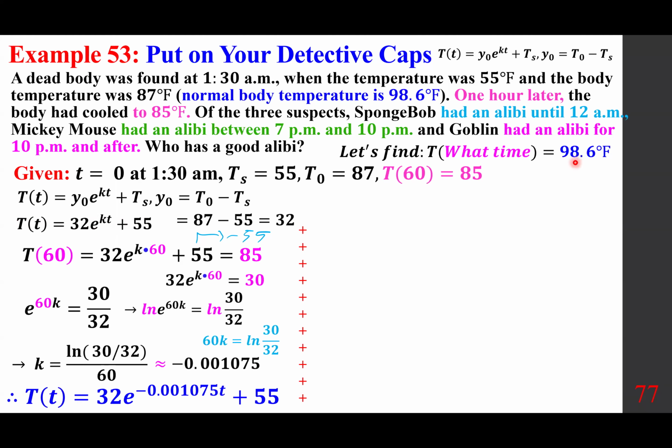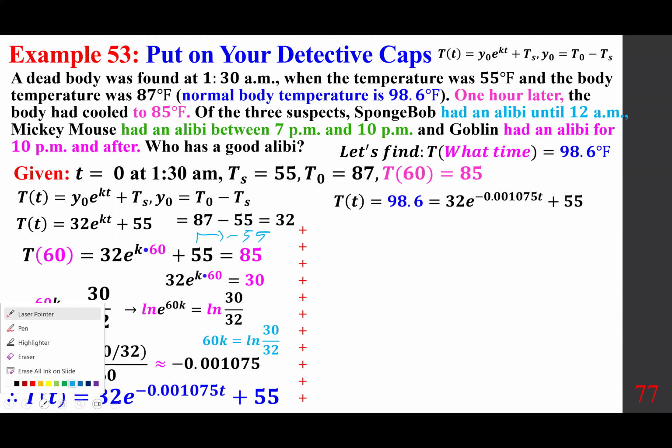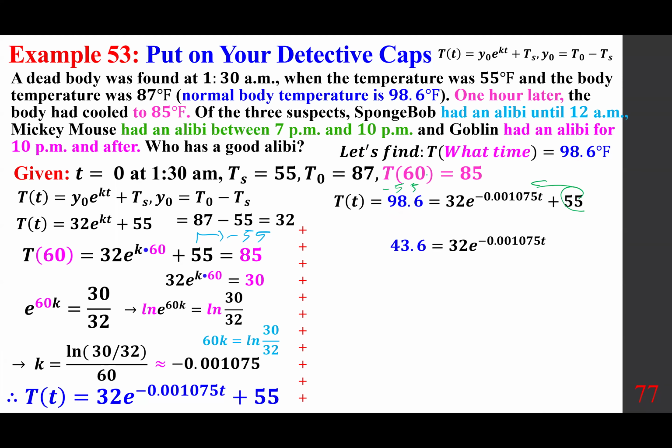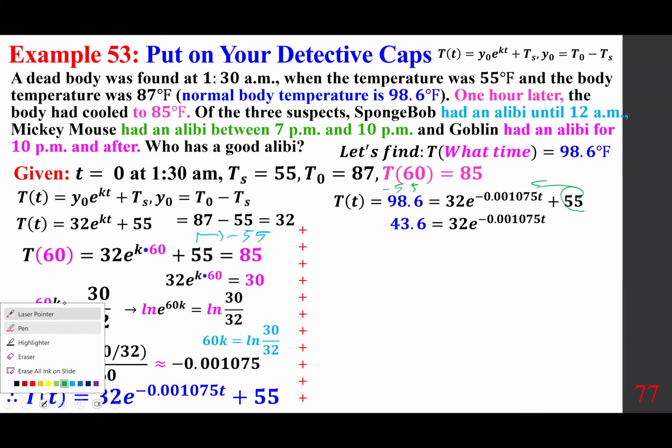When should it be 98.6? Well, let it equal 98.6 and solve for the missing t. And move the 55. We get 43.6. Divide by 32.